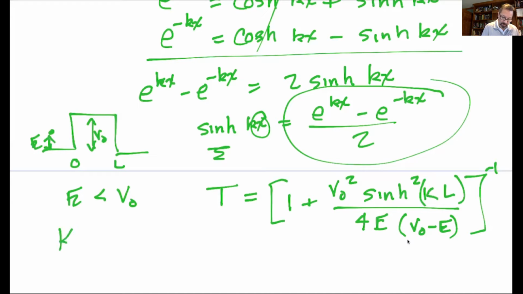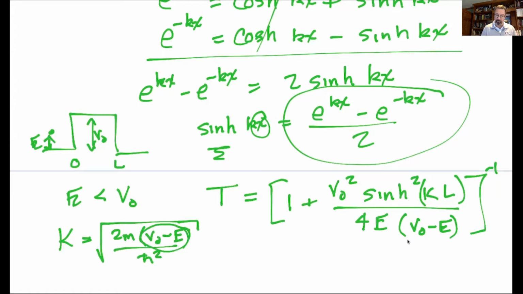And of course, the Greek kappa looks just like k, twice times the mass of the particle, only we went the potential energy minus the total energy divided by h bar squared. Again, so that we keep this positive so that kappa is a real number.